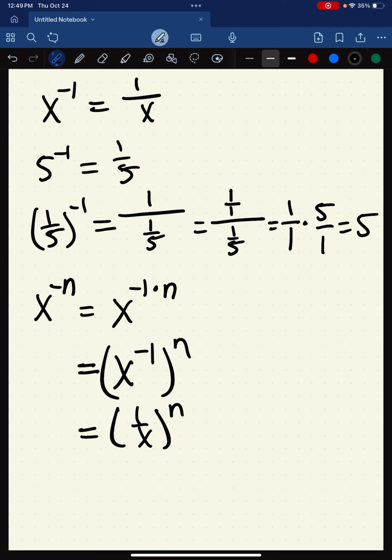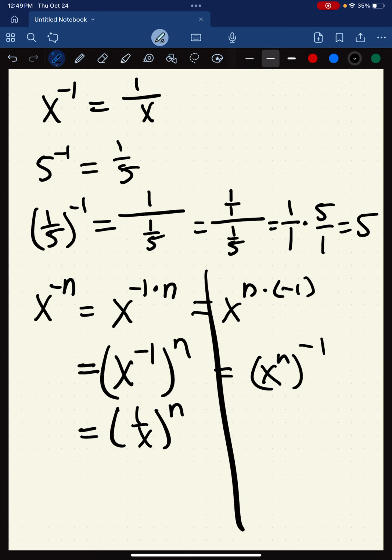And we could also write this as x to the n, to the negative 1, right? Because these two things are true, because of the commutativity property of multiplication. So we could write it the same way. They're exactly the same. That's 1 all over x to the n.